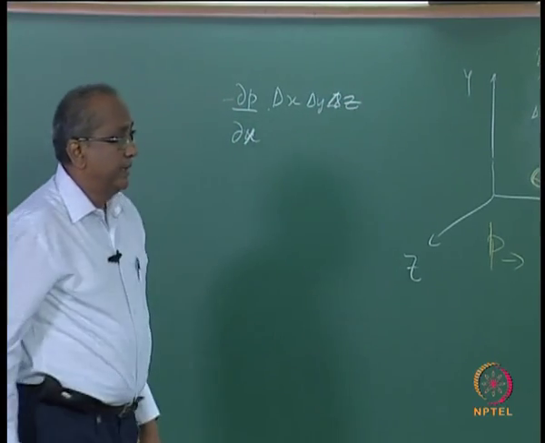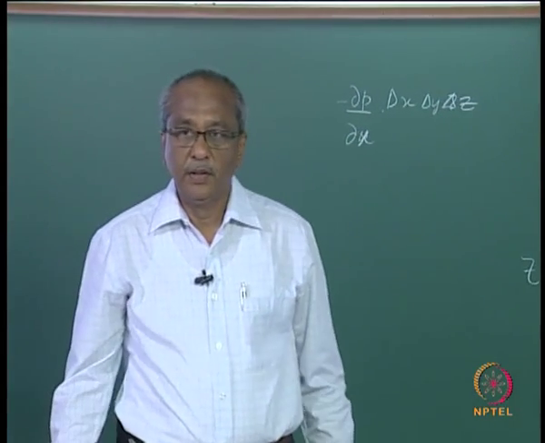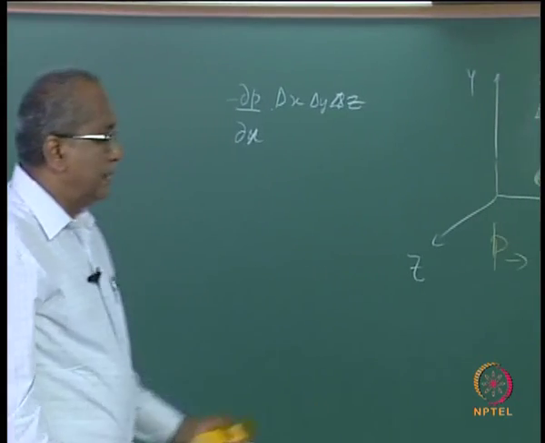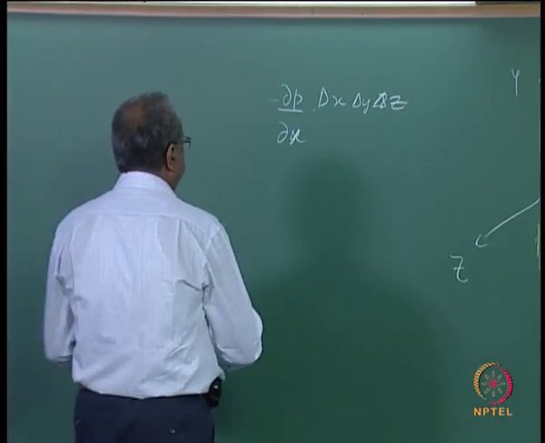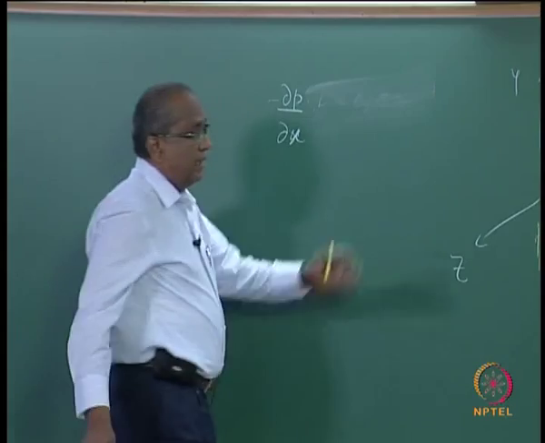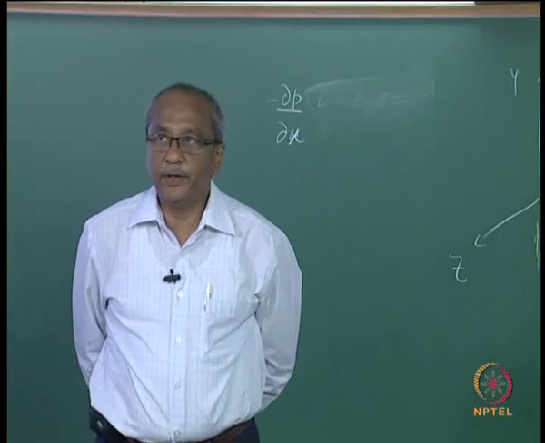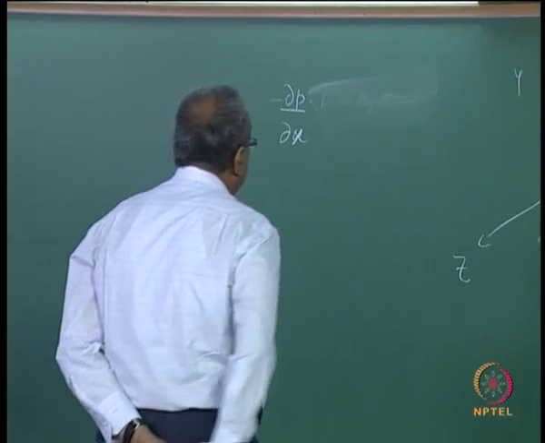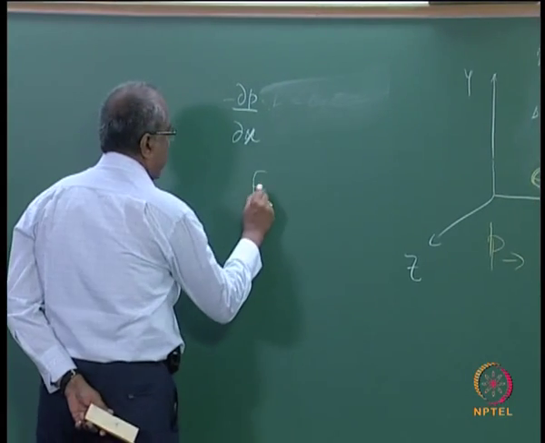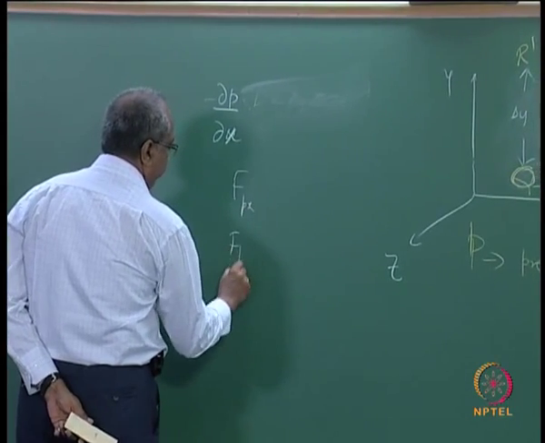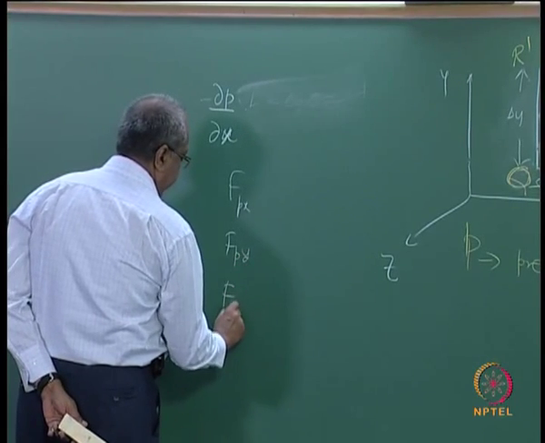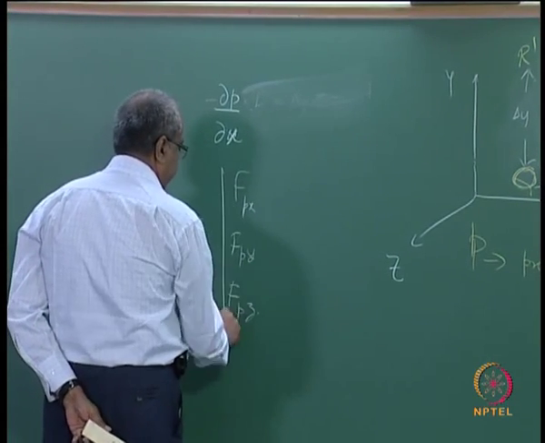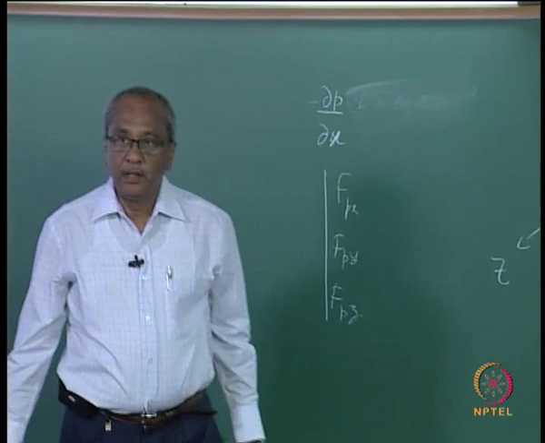This will be the net pressure force. So per unit volume, this will disappear and the net pressure force per unit volume in the three directions are given as Fpx, Fpy and Fpz. Is that clear?